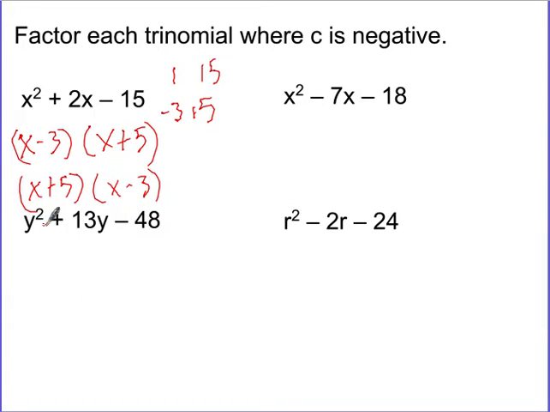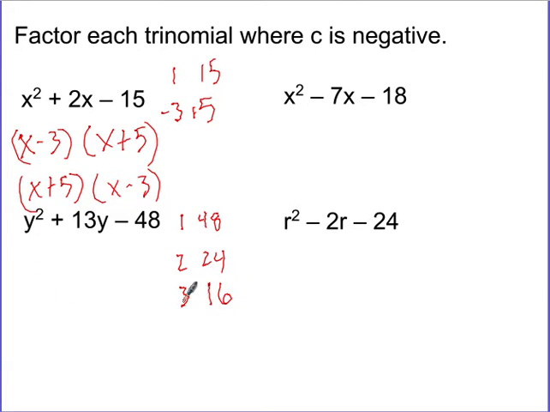Okay, so let's look at this one. Two numbers that multiply to negative 48, but they add to positive 13. So what's going to be true about my two factors if it adds to a positive? The biggest number of the two factors needs to be a positive number, right? So my factors of 48, there's going to be a bunch of them. 1 and 48. 2 and 24, that's not the one I'm looking for. 3 and 16, that's the one that's going to work, right? 16 minus 3 is 13.